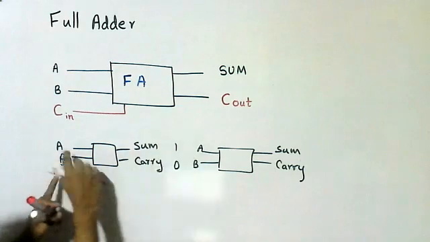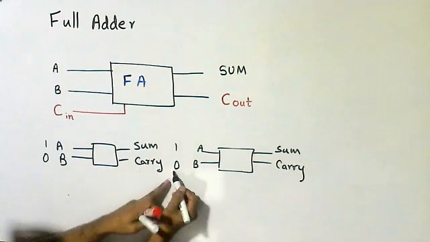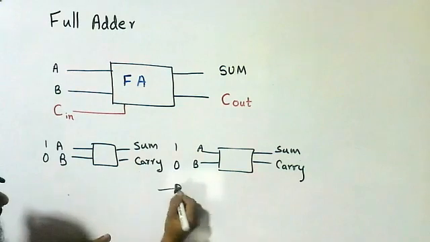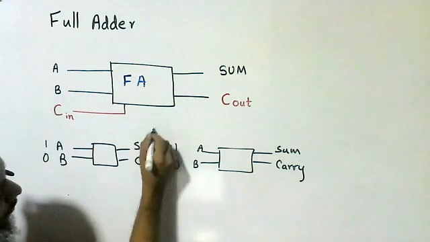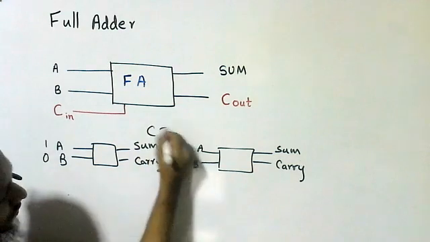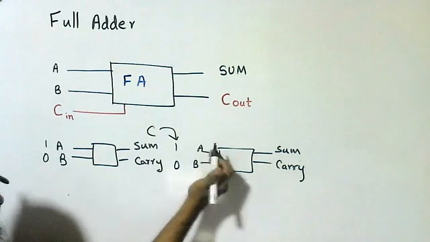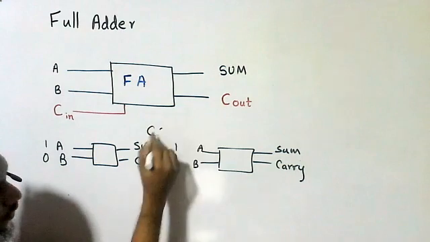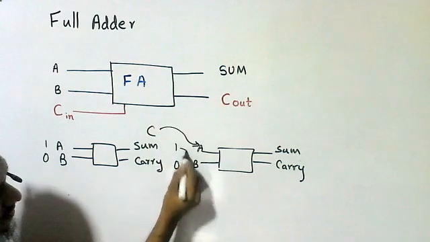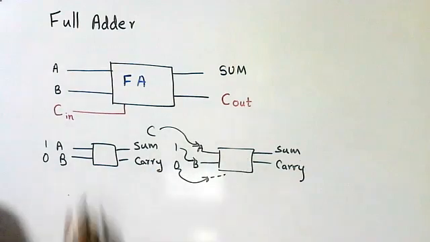While if we add 1 0, we are getting sum 1, carry 0. If we want to add another bit, for example, we'll take C. I want to add C with this. So there's no option, because only 2 inputs are there. We can give C as input, sum as input, but we can't give carry as input in half adder.